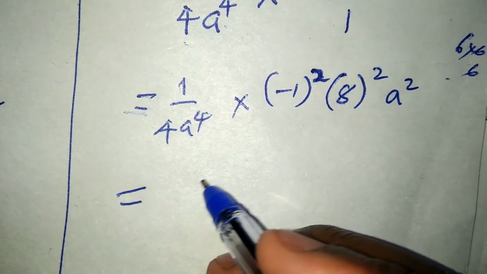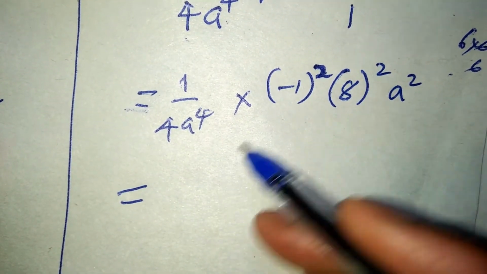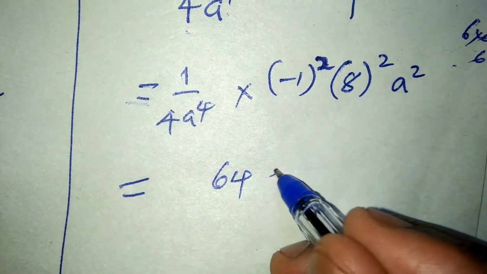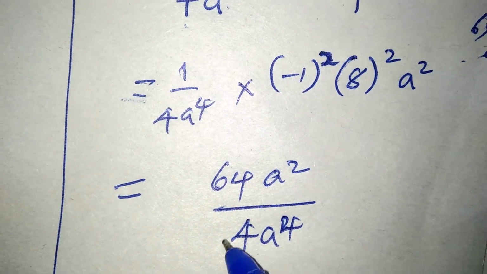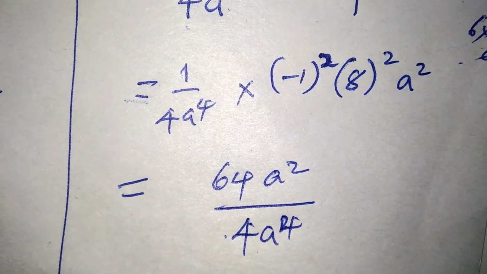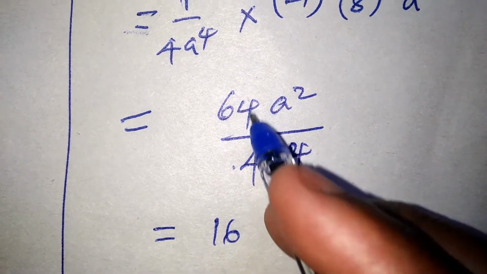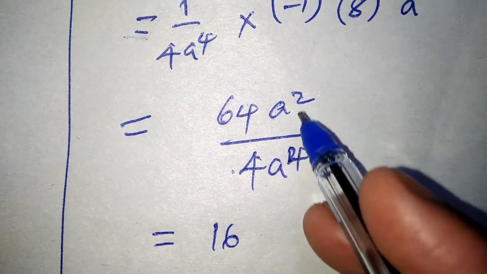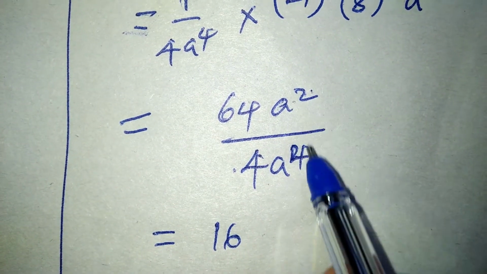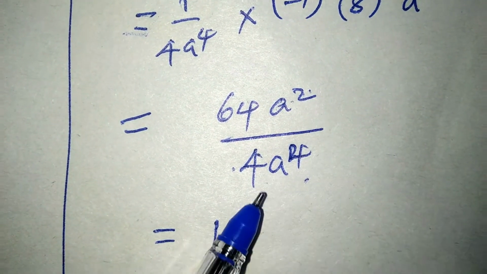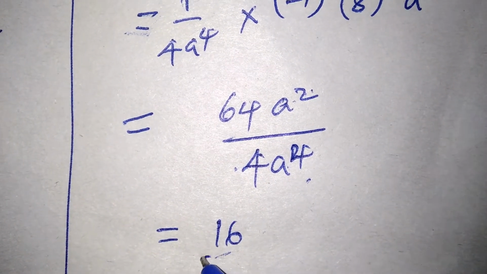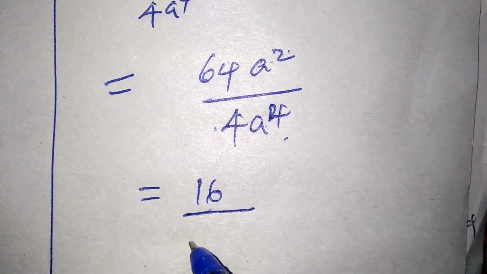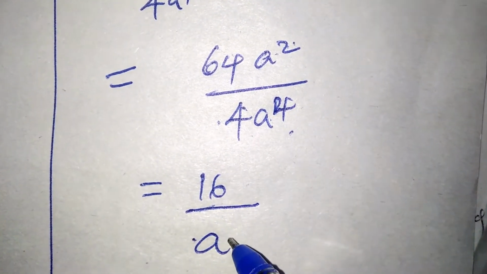So this one simply becomes 64a squared over 4a raised to 4, and this 4 goes here 16 times, so we have 16. And then a, we subtract 2 from 4, we get that the numerator does not have a anymore, and the denominator will have a squared.